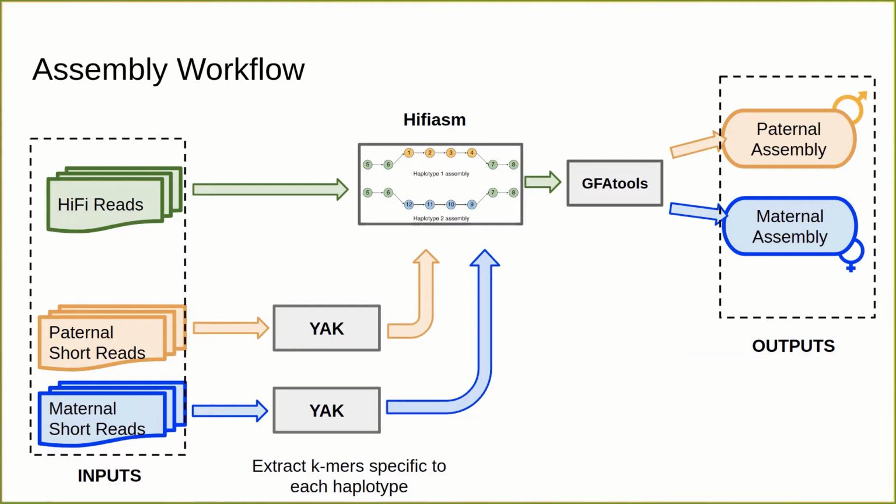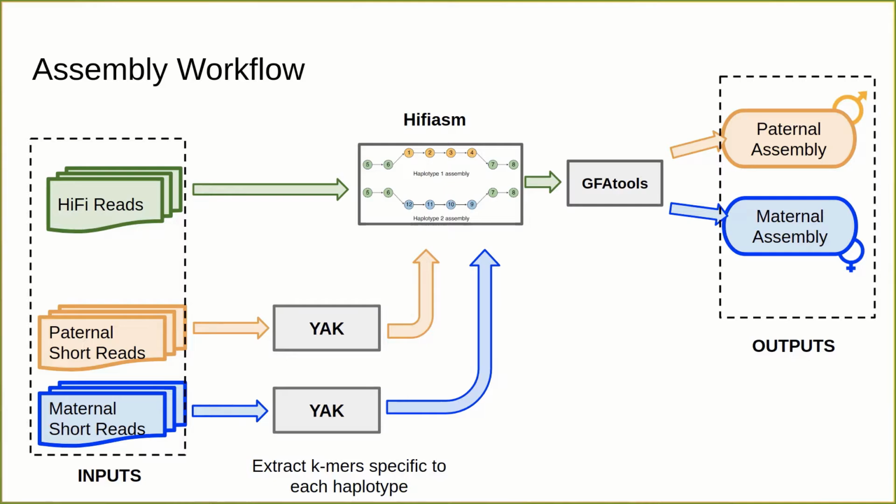The most important input to the workflow is the set of HiFi reads of the sample that you want to assemble. You also need paternal and maternal short reads. The reason is that the assembler that we have chosen for producing HPRC assemblies, which is hifiasm, needs parental information to phase the haplotypes in the assembly graph.